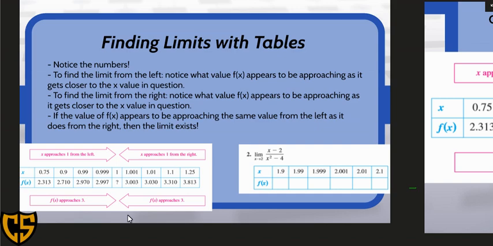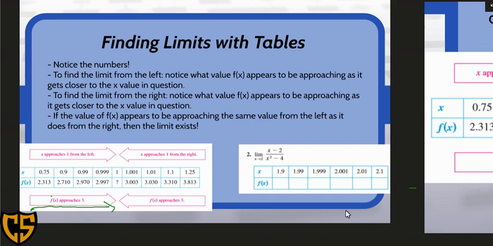So to find the limit from the left, notice what value appears to be approaching as it gets closer to the x value in the question. So, okay, for example, we have here, halin ka sa left, so take note lang kung ano nga value ang nag-approach ang imo nga answer. So that's it.